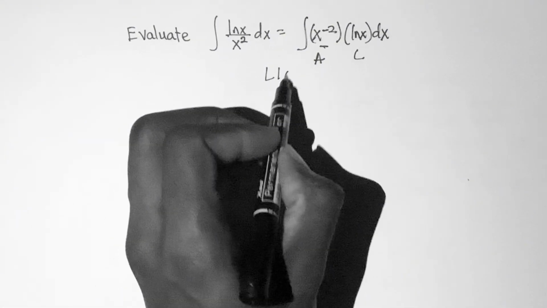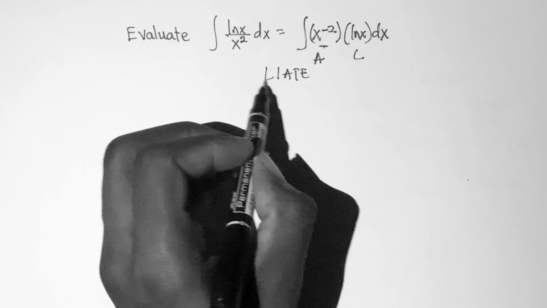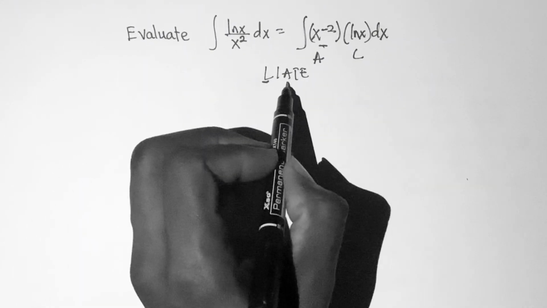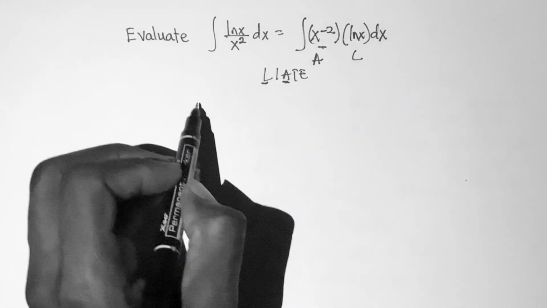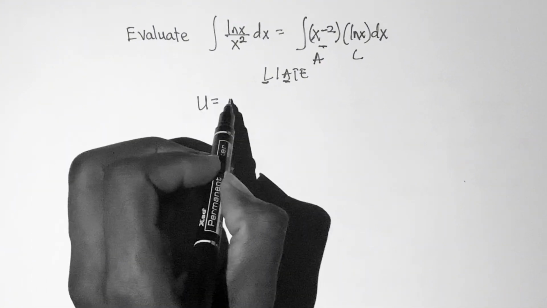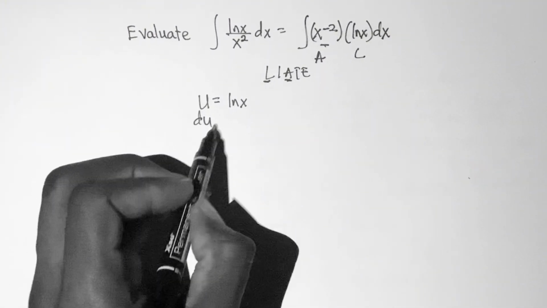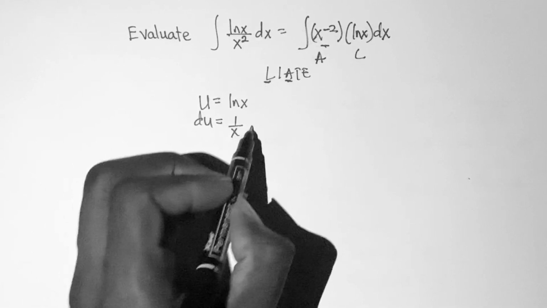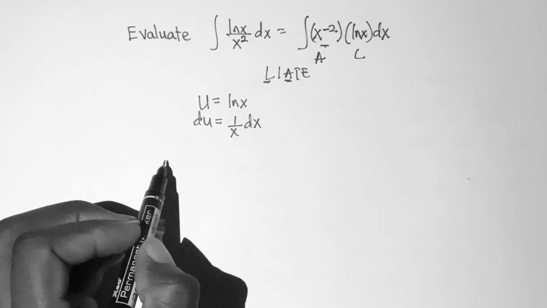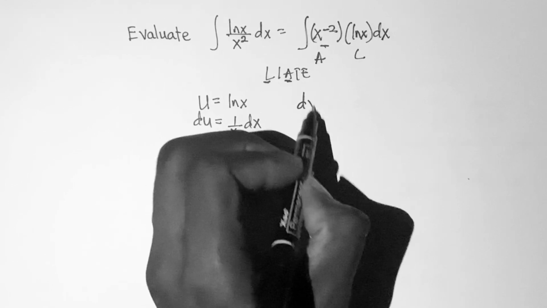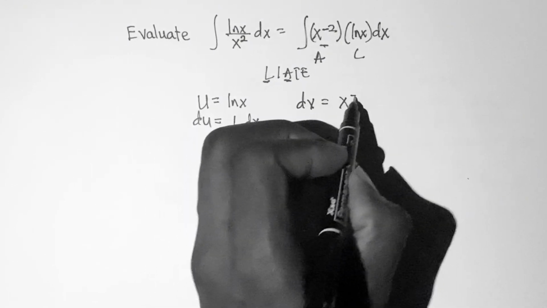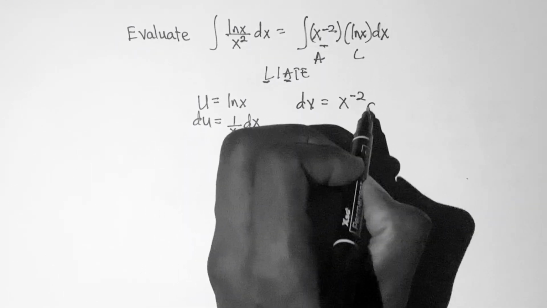With the LIATE rule, the logarithmic function comes first before the algebraic function, and therefore our u is natural log of x. So du is 1 over x dx, and dv is x exponent minus 2 dx.